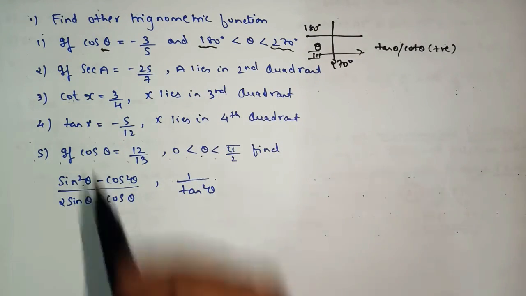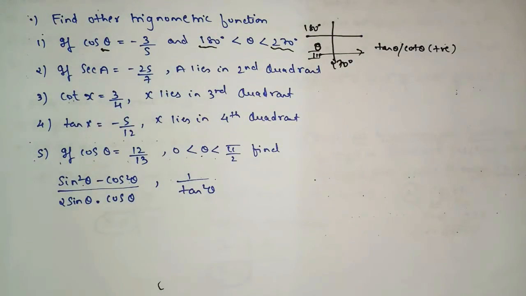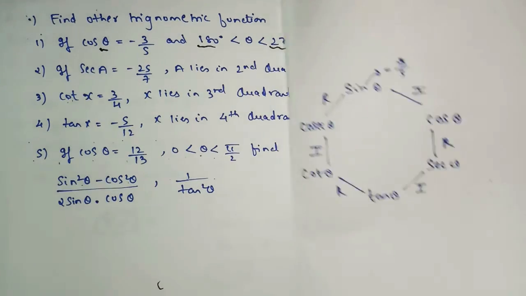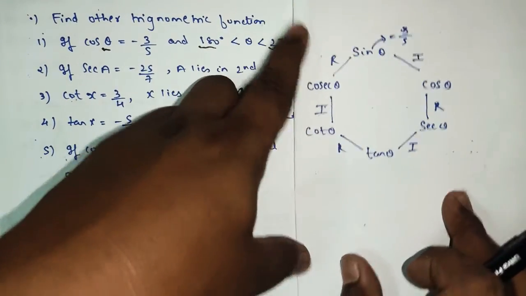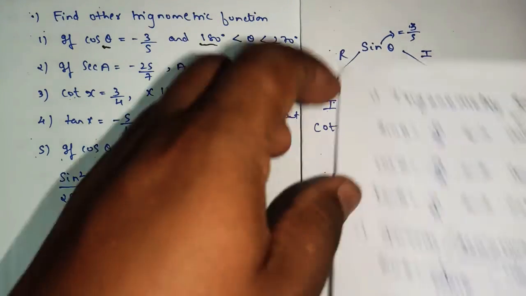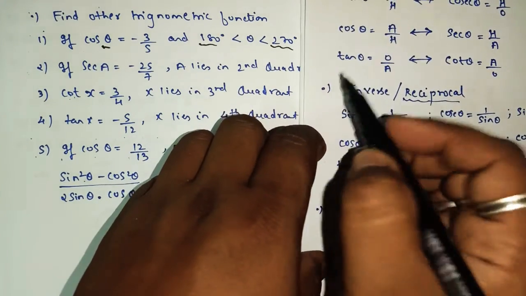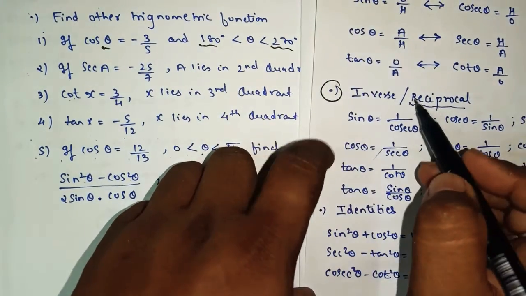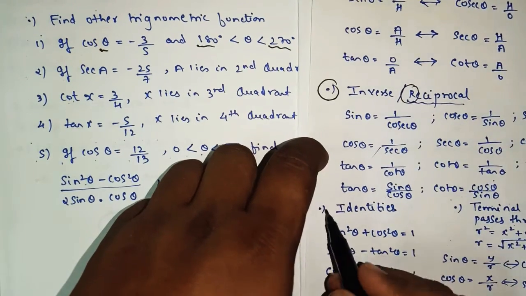For this sum we'll use the concept of the web chain, as I told. This relation and these two formulas, which ones? The inverse, that means the reciprocal formula, and the identity formula.